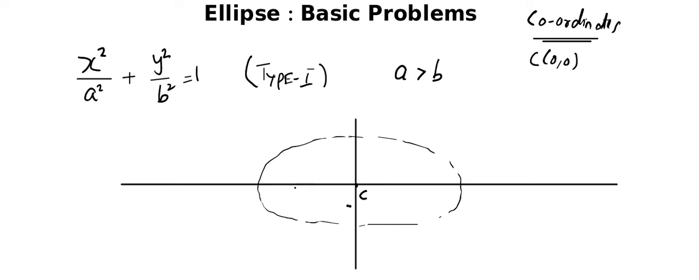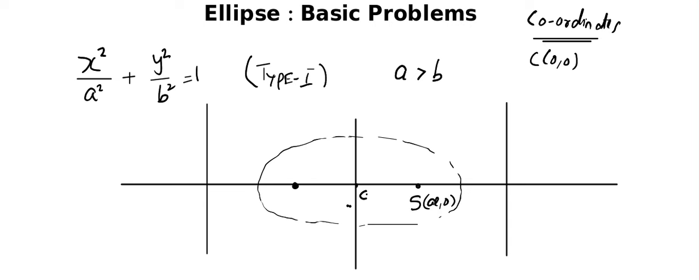And you saw that an ellipse can be drawn with the help of a focus and directrix on the left or a focus and directrix on the right. The coordinate of the focus on the right side is (ae, 0).